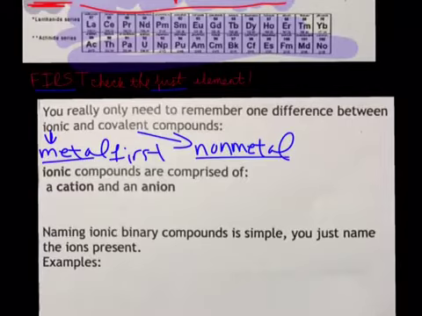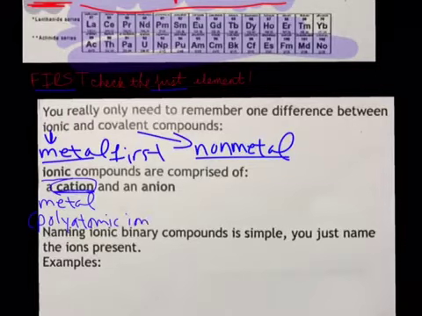And as we get to polyatomic ions later, what we'll see is that we do have ionic compounds that are composed of cations that aren't just one element. But what you do need to remember is that that cation comes from a metal or a polyatomic ion, but metals are the ones that lose electrons.